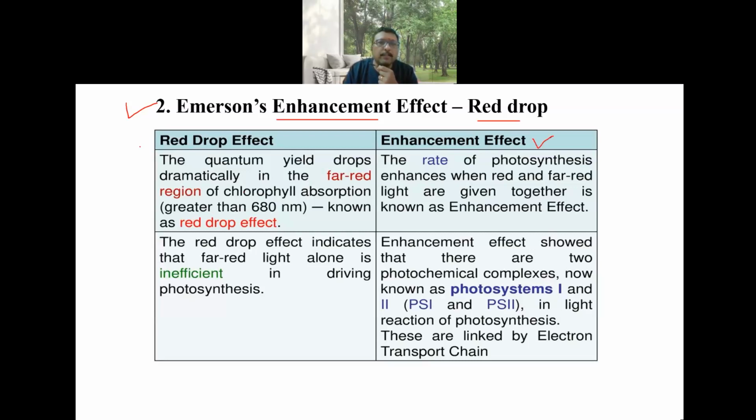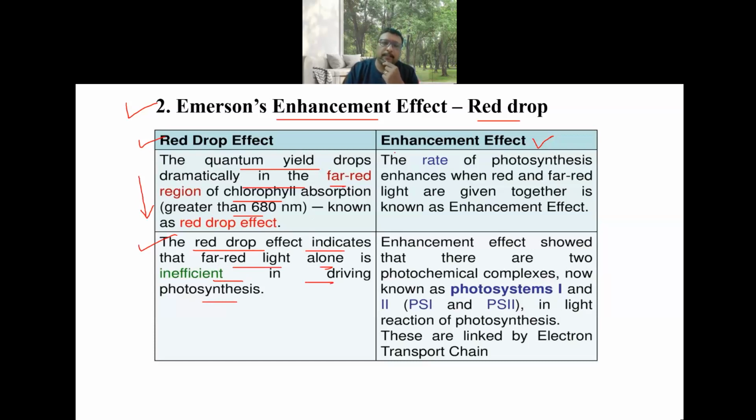The red drop means the quantum yield drops dramatically when the far-red region of chlorophyll absorption, greater than 680 nm, was used. At that time, the photosynthesis rate drastically dropped. That is known as the red drop effect, indicating that far-red light alone is insufficient for photosynthesis.